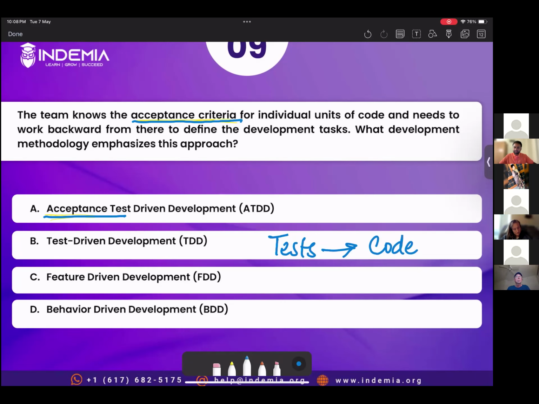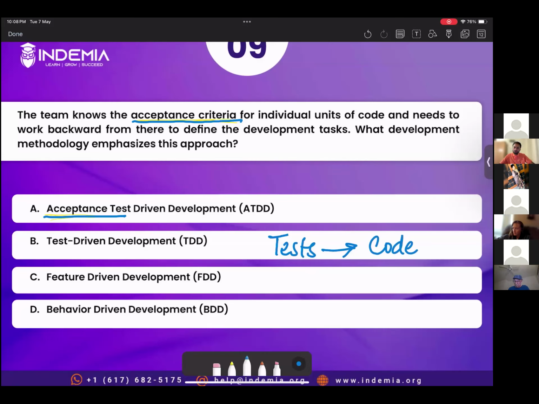The difference between ATDD and test-driven development is that in acceptance test-driven development you know the acceptance criteria for the overall product, not the units of code. When you talk about the code level, where you are working as a team, that has nothing to do with the customer or the end user, that is called test-driven development.